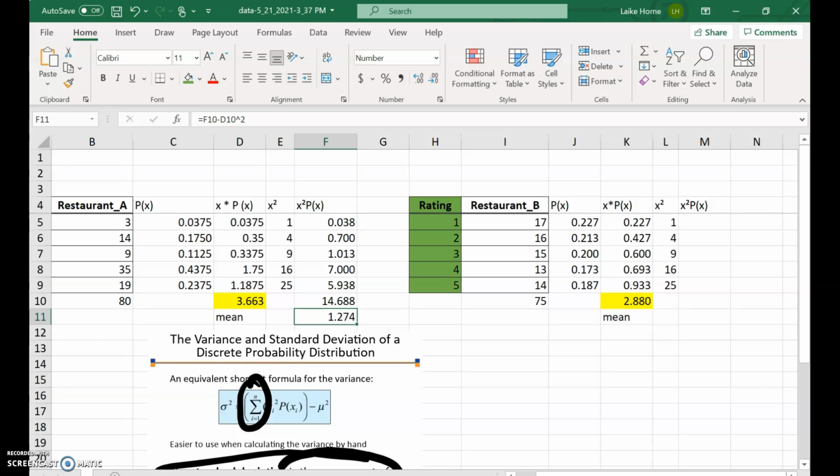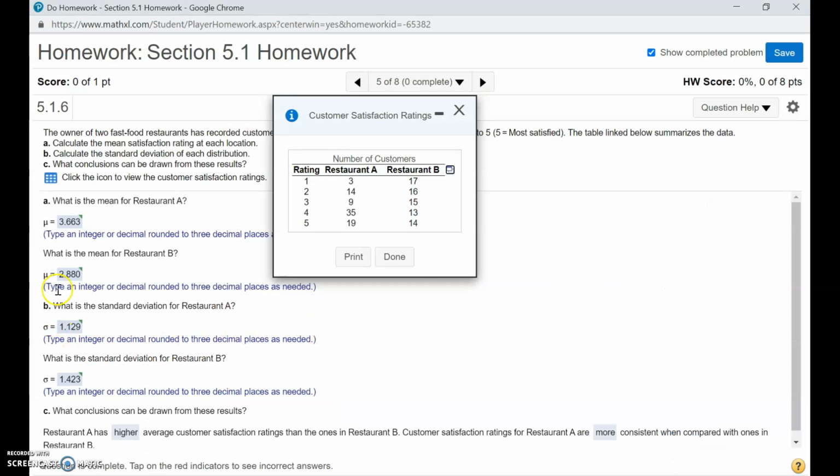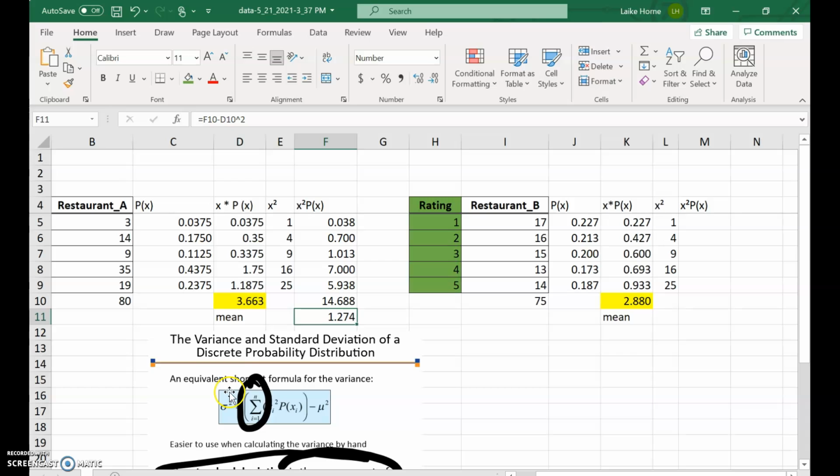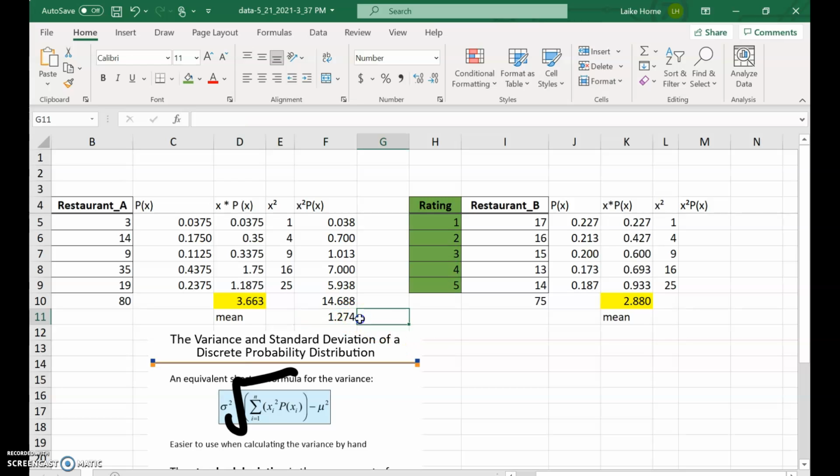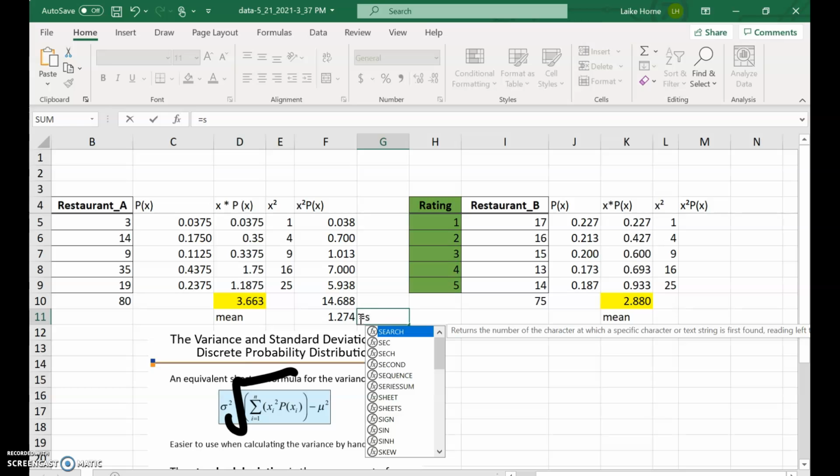Okay, so let's check that. Oh, I have one more step. I have to take the square root. So one more step, equals the square root.